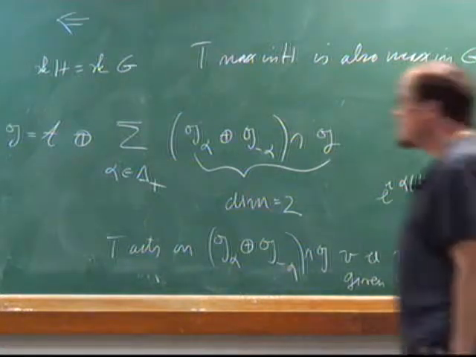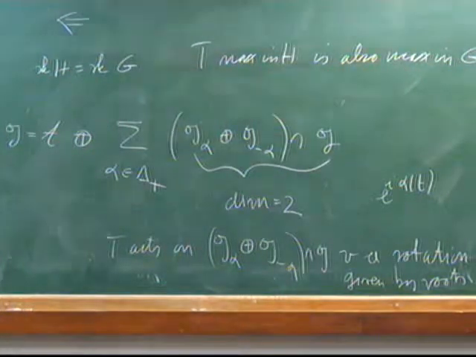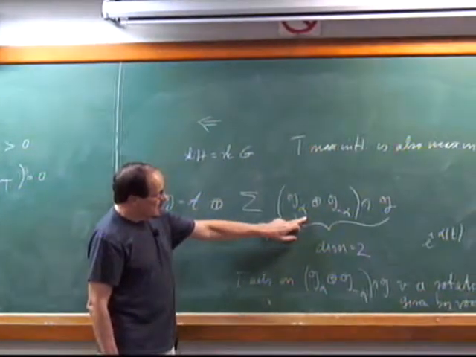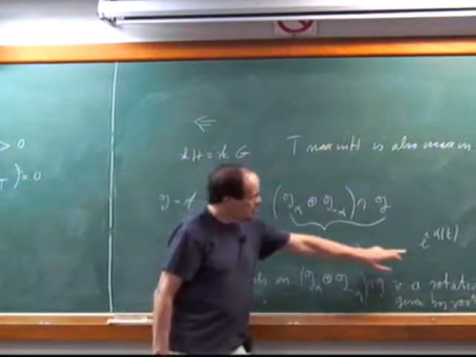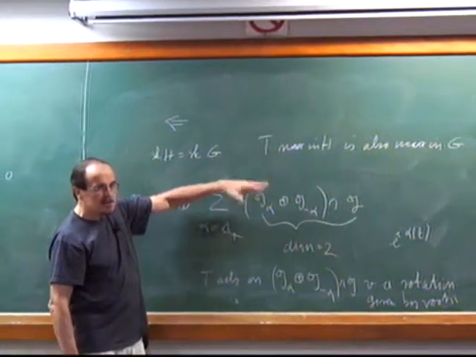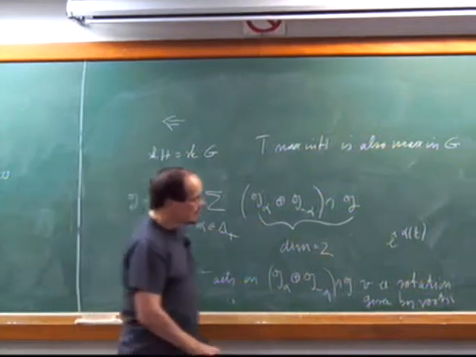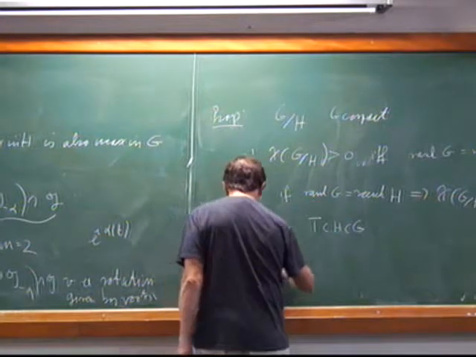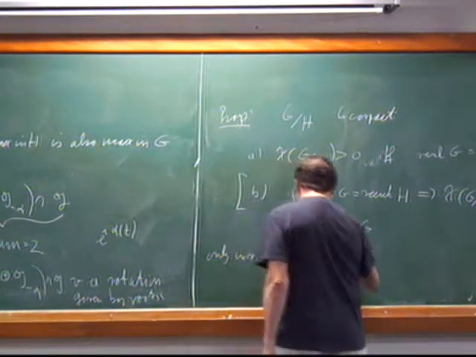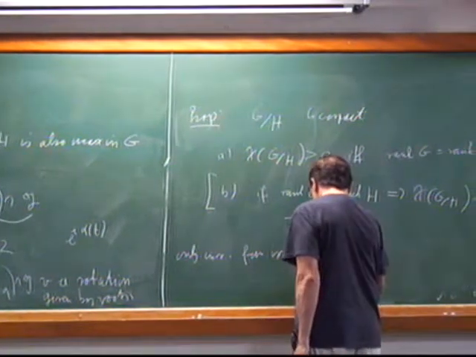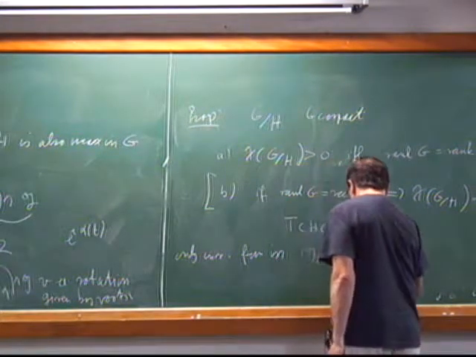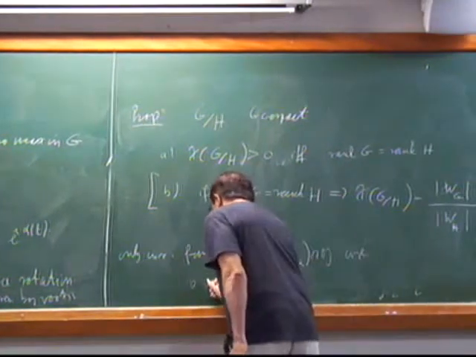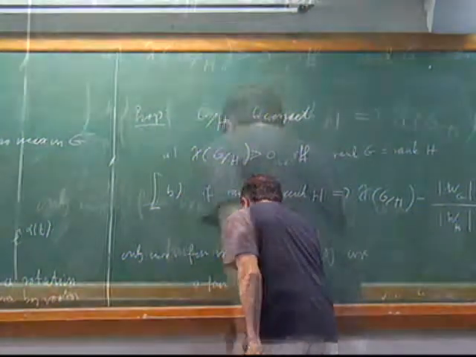So let's say I have an invariant form on p. So p is the sum of root spaces. All these root spaces are two-dimensional, and I want to find a form invariant under an action of the torus, which acts via different rotations in all these two-dimensional spaces. But now I can just say, well, the only invariant forms in this two-dimensional vector space are the zero forms and the two forms.